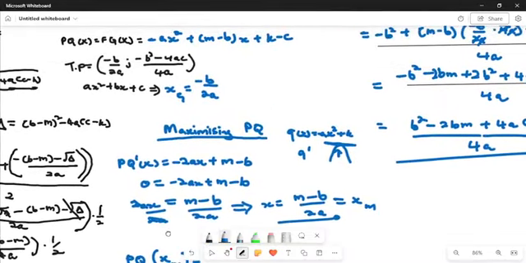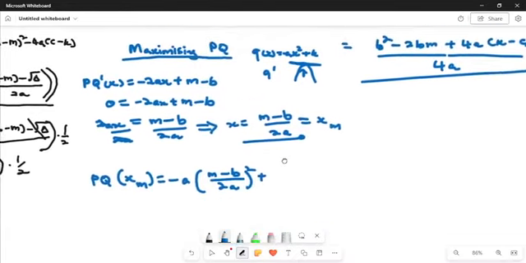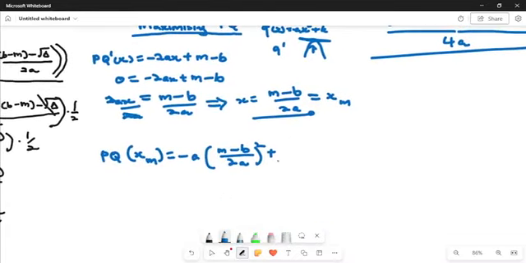Let's say minus ax squared. So I will have minus a into x squared, which is, we'll square m minus b, all of that squared, then plus we had m minus b multiplied by x. So we'll have m minus b multiplied by our x value, m minus b divided by 2a.